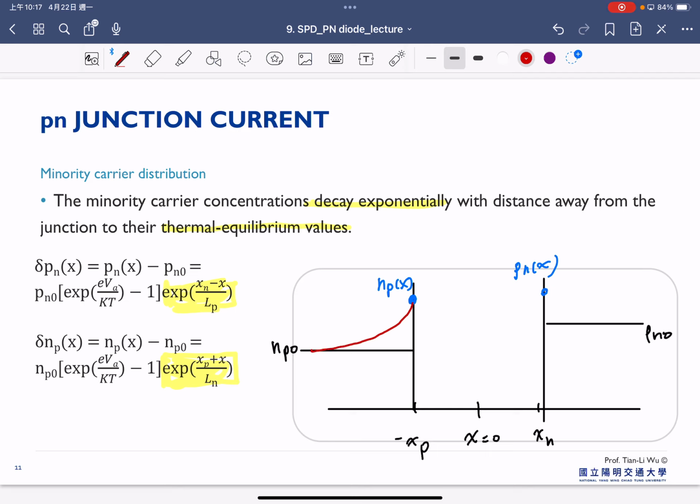We have the exponential decay here, and that's our delta pn(x). That's our delta np(x). So we have the exponential decay function.